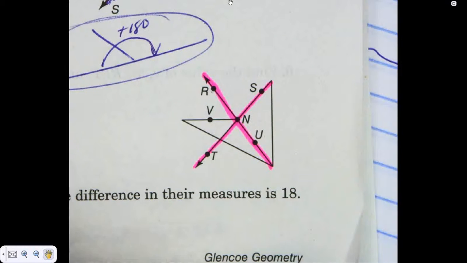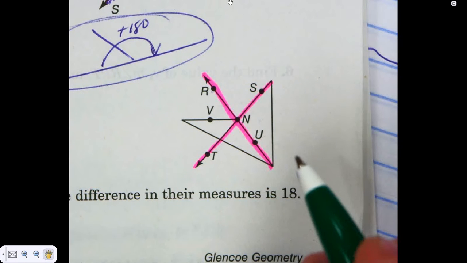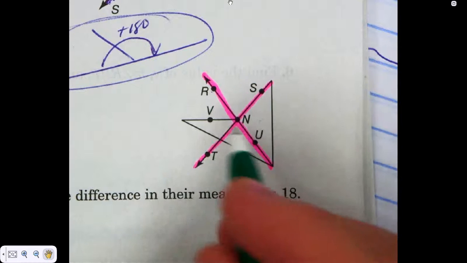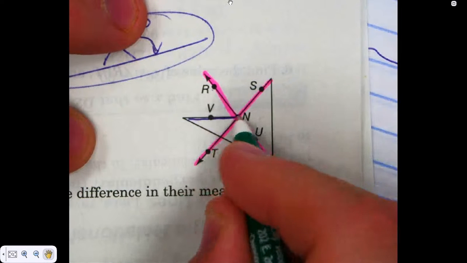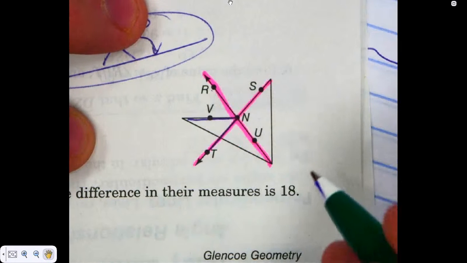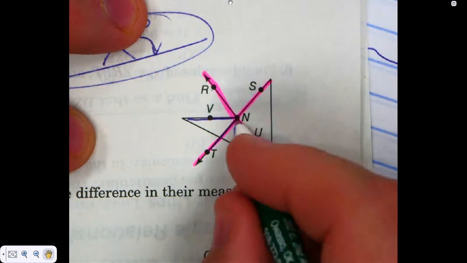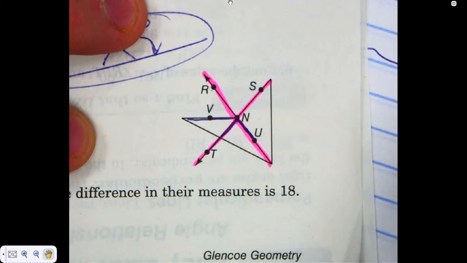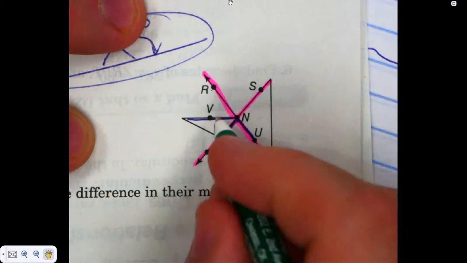Identify two acute adjacent angles. So I need two acute angles that are beside each other. That looks like an acute angle, does it not? So would those two work? Or you could have gone with these two and these two, couldn't you?